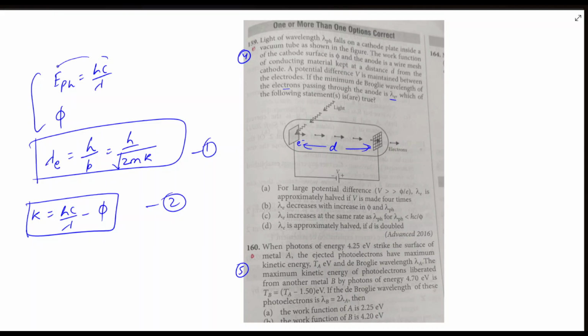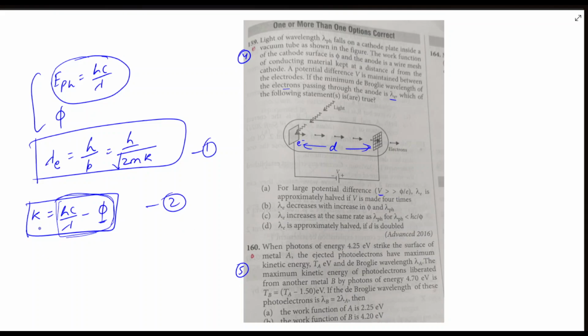If I'm giving them some energy, the work function will take some energy out and we're left with kinetic energy. But as you can see, V is much larger than phi by e. So the energy we get from the photon after it ejects an electron will be much smaller than this V.